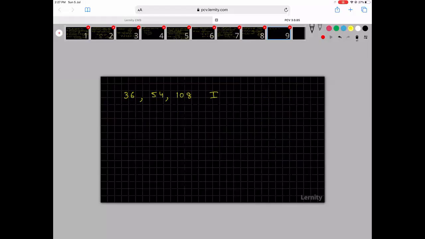I want to find out the HCF without factorization. What is the highest common factor of these numbers without factorization?